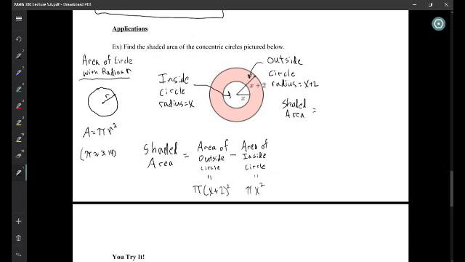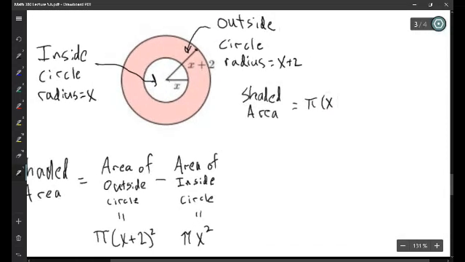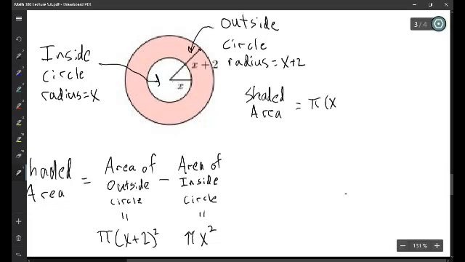All right, so substituting those in, we get shaded area is equal to pi times x plus 2 squared minus pi x squared.